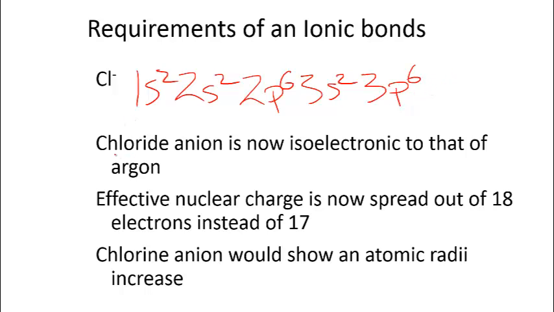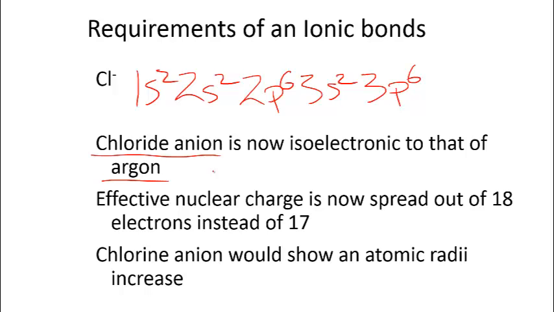Now, this chloride anion is isoelectronic to that of argon. But again, this isn't an argon atom because chlorine still has 17 protons, whereas argon has 18. The effective nuclear charge for our chloride anion is now spread out over 18 electrons instead of 17.